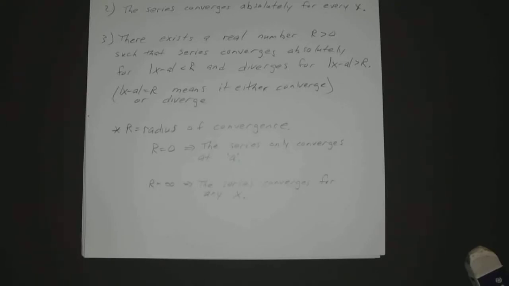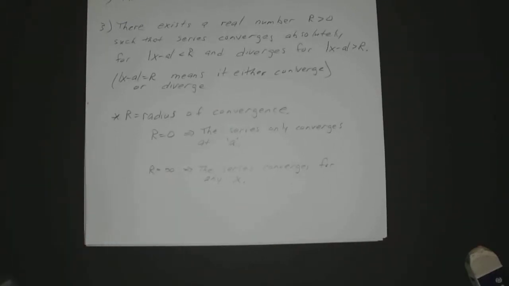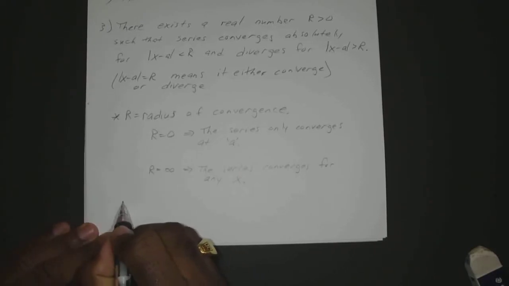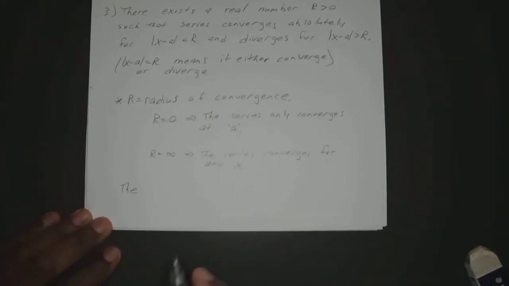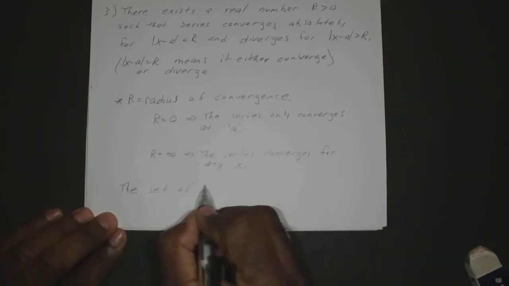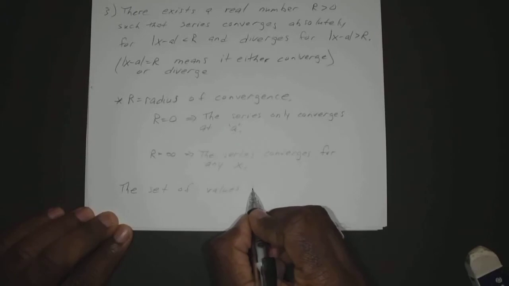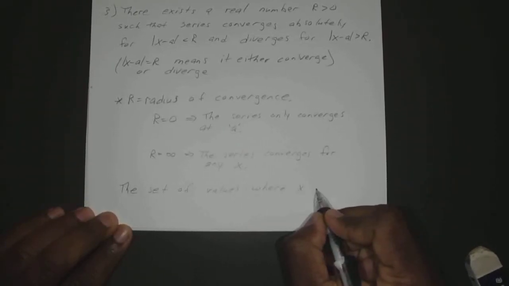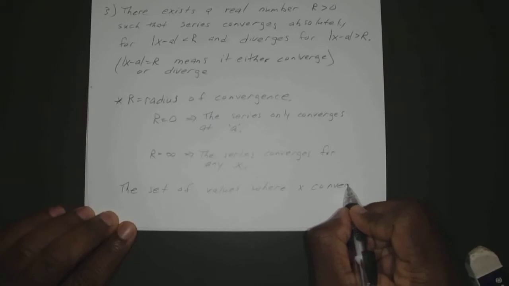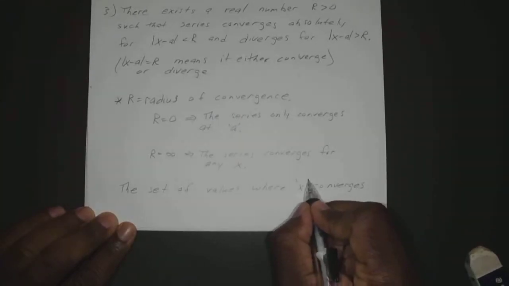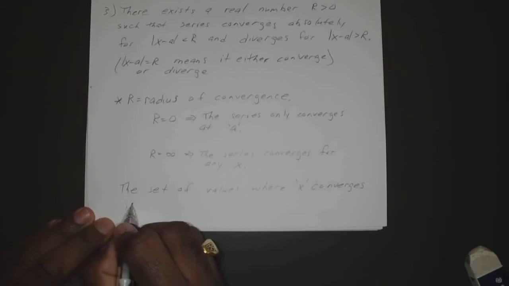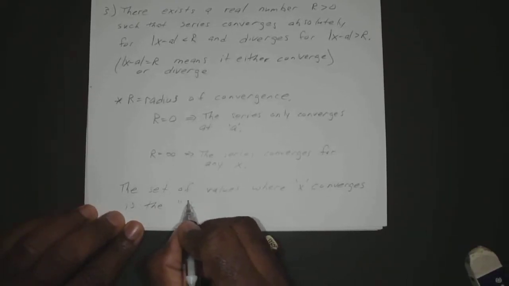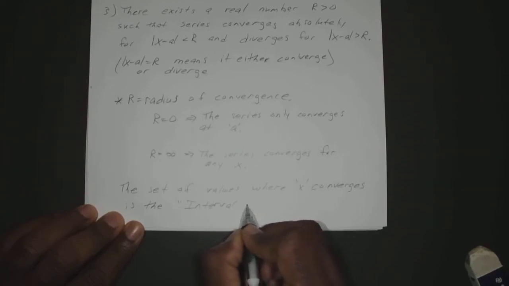So when you have a specific set of numbers that your series can converge, that's called your interval of convergence. When you don't have just one specific point or every possible x, if you have just a certain number of x values, the set of values where x converges is the interval of convergence.